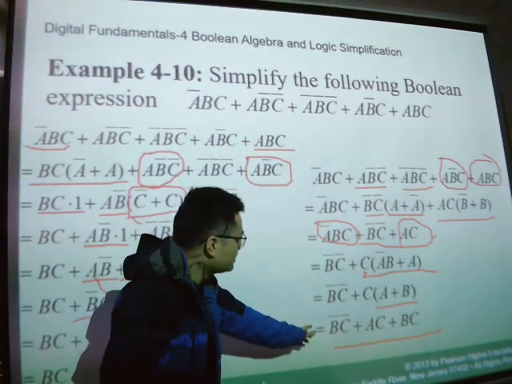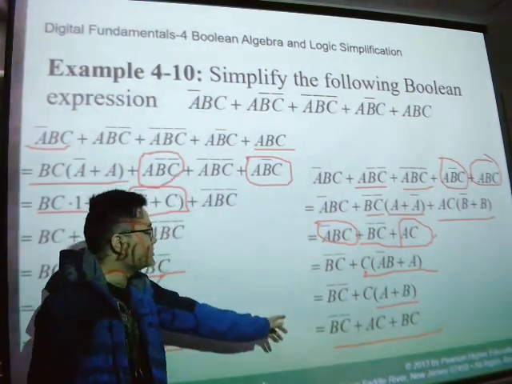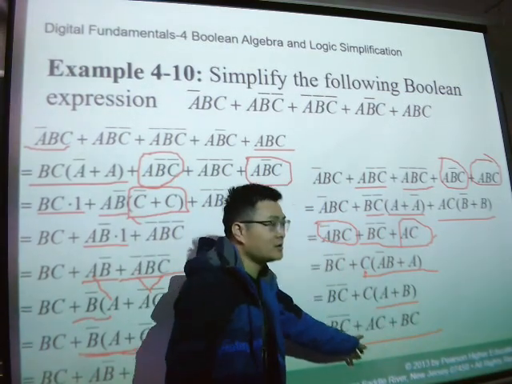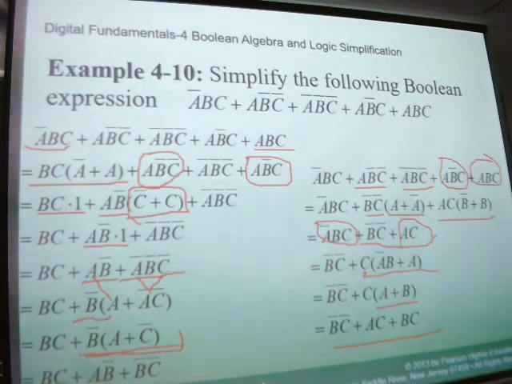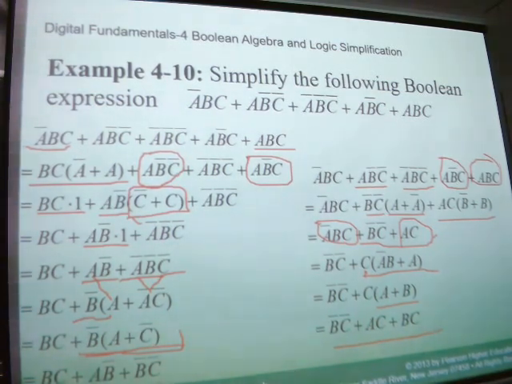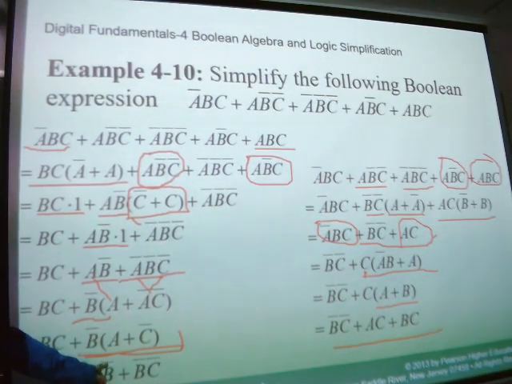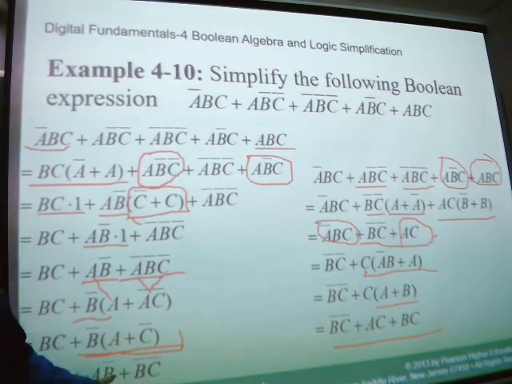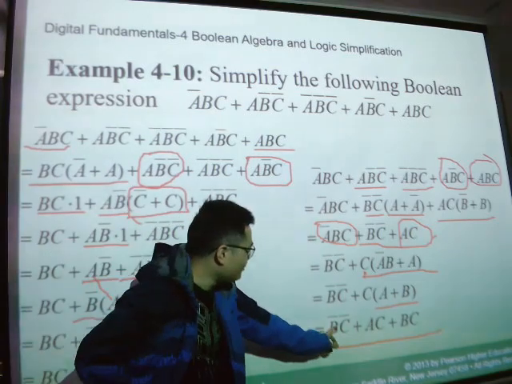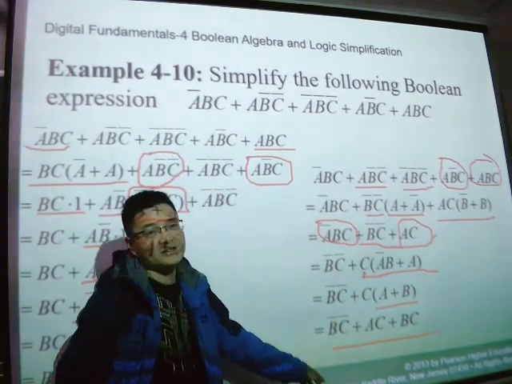This circuit also has 3 AND gates and 2 OR gates, but it has 1 inverter, 2 inverters, and it also has 2 inverters.